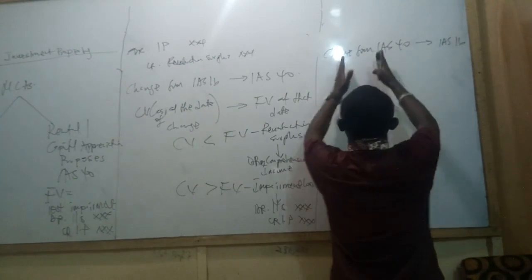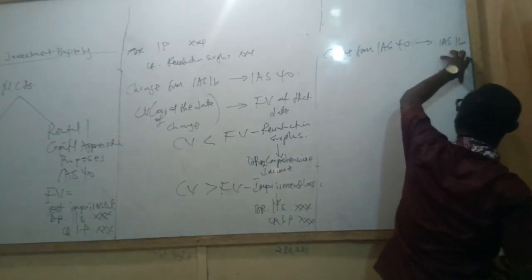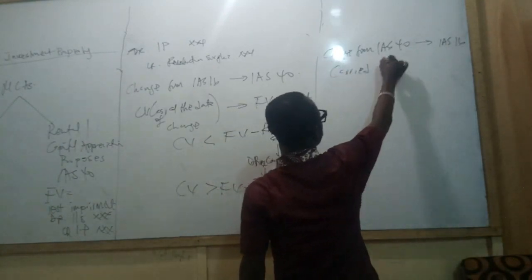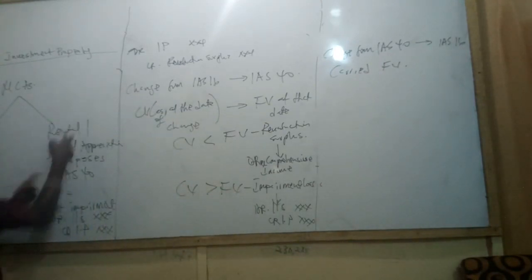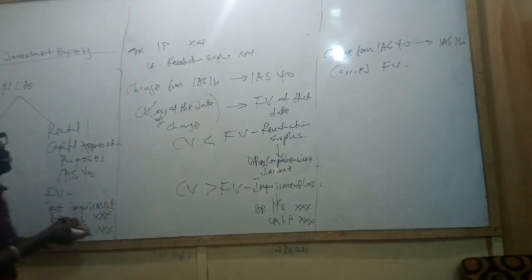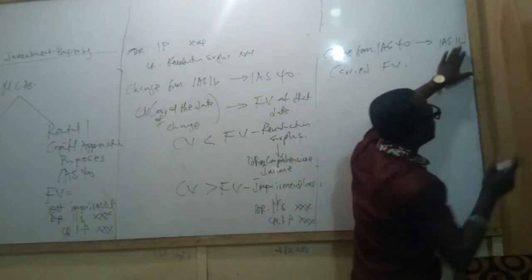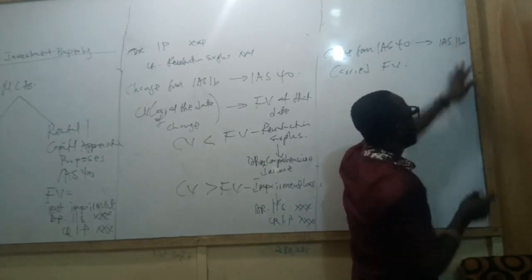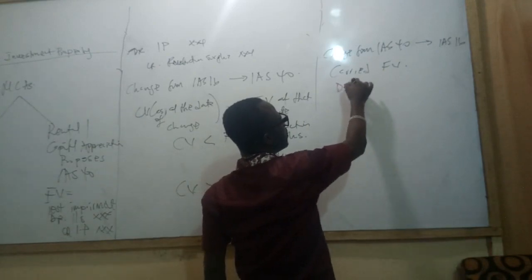When an investment property is changed into IAS 16, it must be carried at the fair value, because investment properties are always carried at fair value. So whatever value it is there, we just carry it and take it under IAS 16. Then from that date, we begin to depreciate the asset.